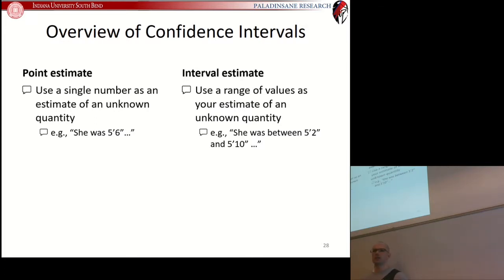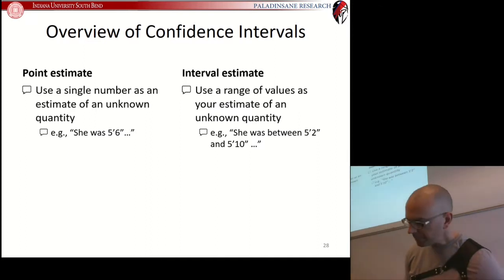How much time is it going to be? Somewhere between an hour and an hour and a half. How much is it going to cost? Probably between $200 and $300. How far away is it? Between 50 and 60 miles away. These are all interval estimates, where you use a range and you're hoping that somewhere within that interval is the actual true value that you're trying to estimate.